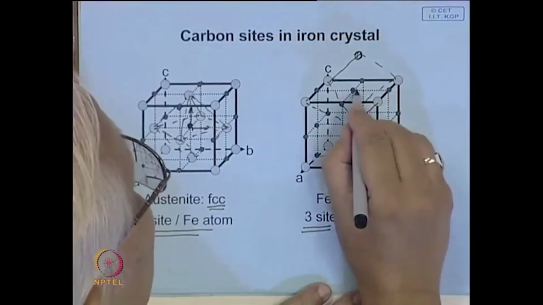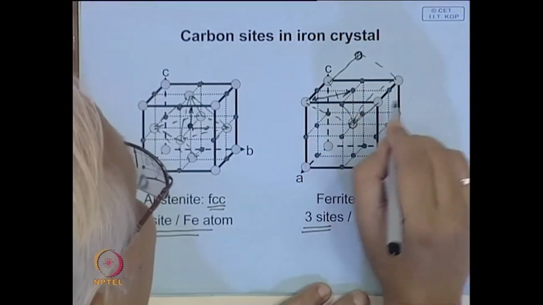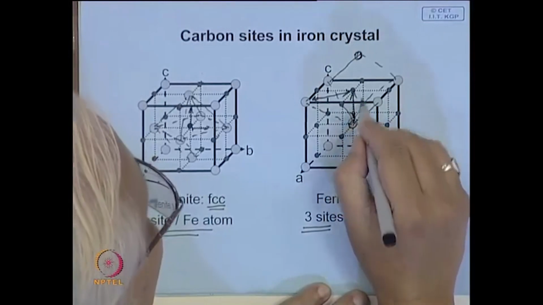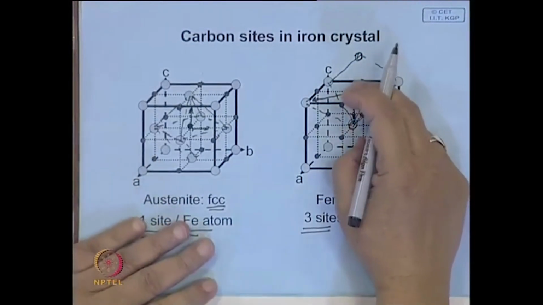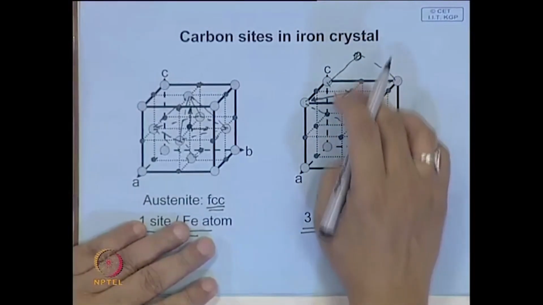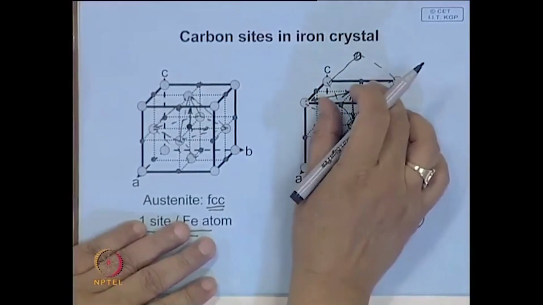Now, look at this octahedron. This dimension is much larger than this dimension, and this is very small, and it is so small that the lattice will be distorted unevenly. It will be distorted in this direction much more than this.